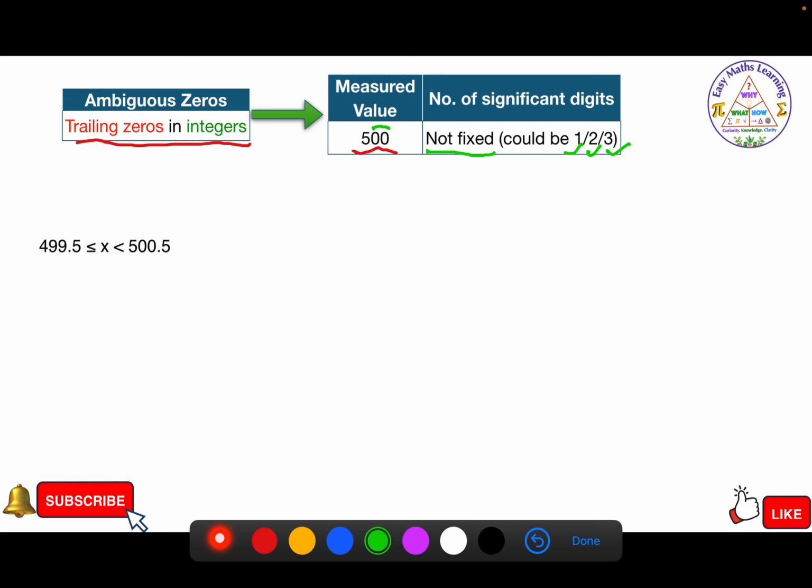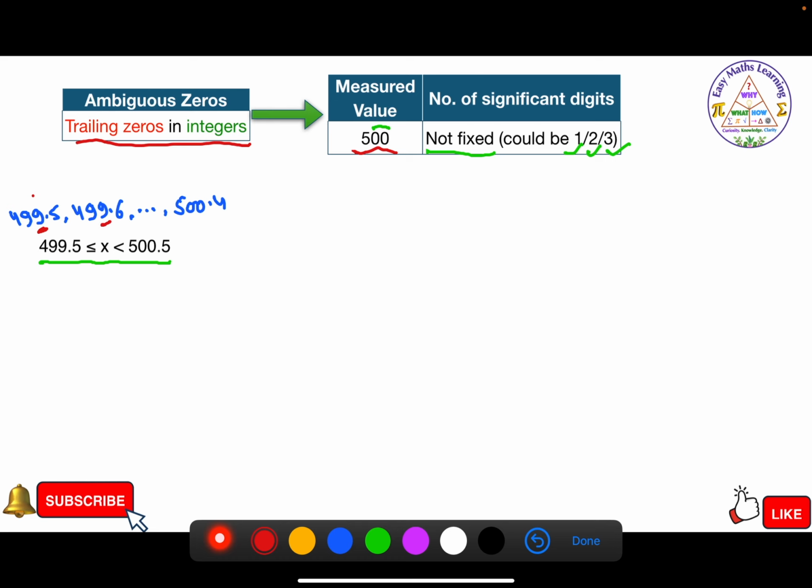So the first case is, suppose the true value lies between 499.5 and 500.5. Okay, so the true value may be 499.5, it could be 499.6, it could be up to 500.4. If we round these values to the ones place, this is the ones place in this value, and here the ones place is this.